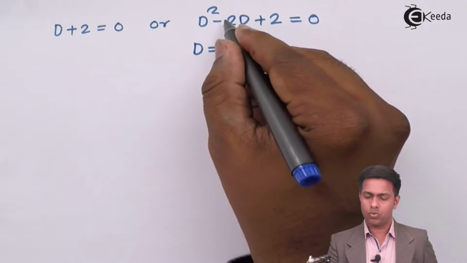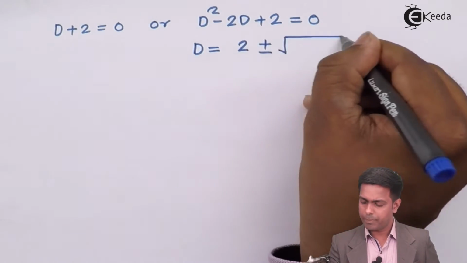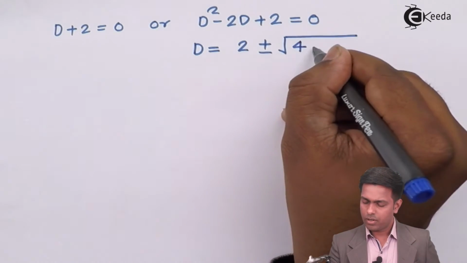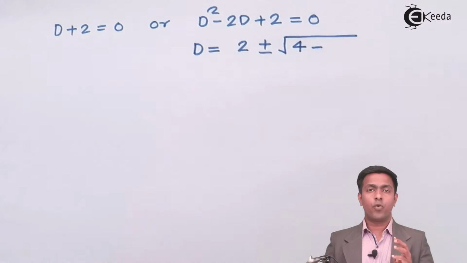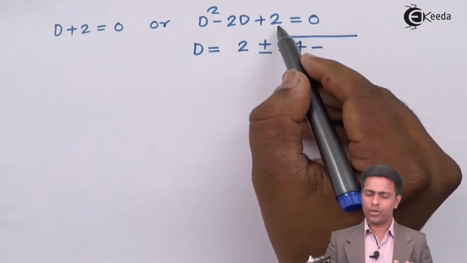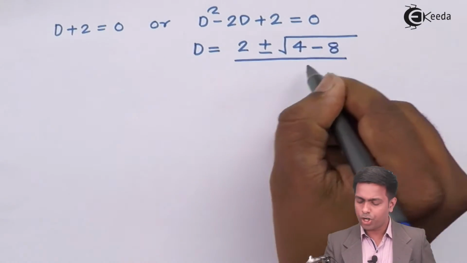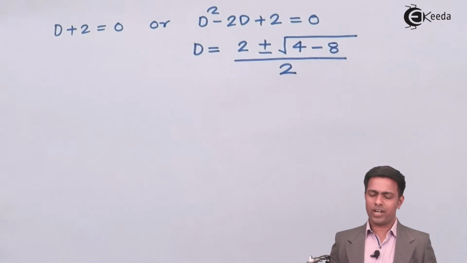So b is minus 2, so that will become positive 2, plus minus root of b square, that is 4, minus 4ac. So 4, a is 1 and c is 2, so 4 into 1 into 2 is 8, upon 2a. So a is 1.